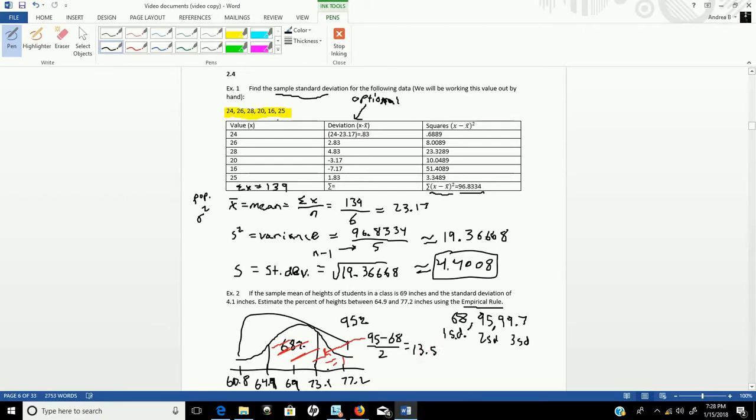So to get our overall value, once again, it has to be more than 68, and it better be less than 95, otherwise you did something wrong here if we're looking at that picture. So here we could do the 68 plus that 13.5 that we just got there.